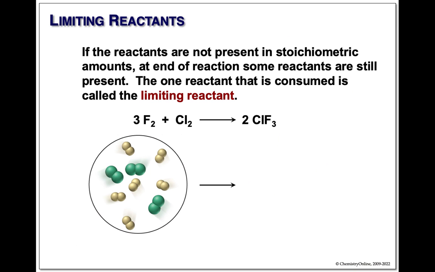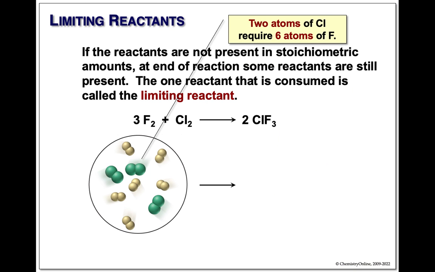All right. It takes 2 atoms of chlorine and 6 atoms of fluorine to make 2 of these guys, right? So let's take a chlorine and 3 fluorines and make a product.